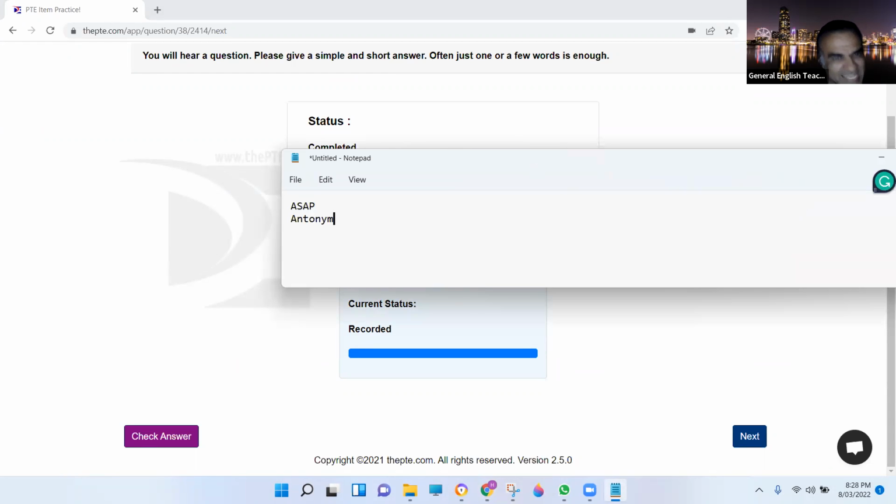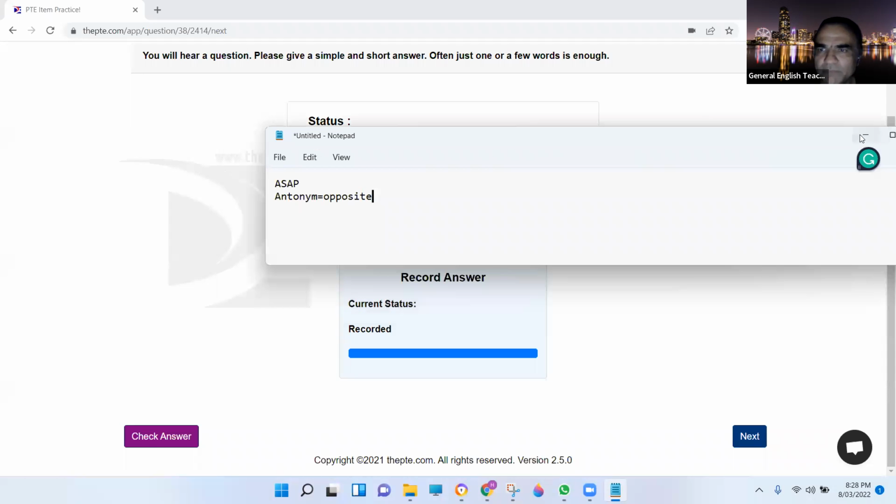Antonym means opposite. So what is the antonym of vertical? It was horizontal. Very good. So antonym means opposite. Good. We can go for one more round, okay?